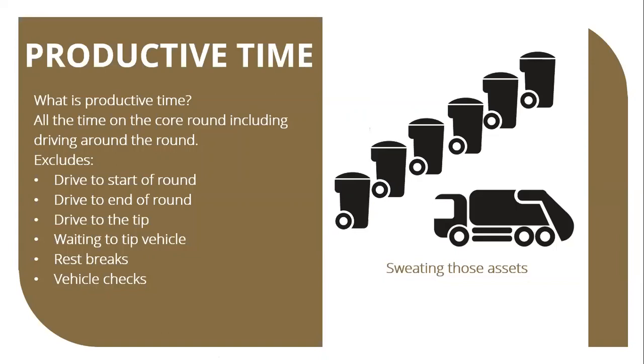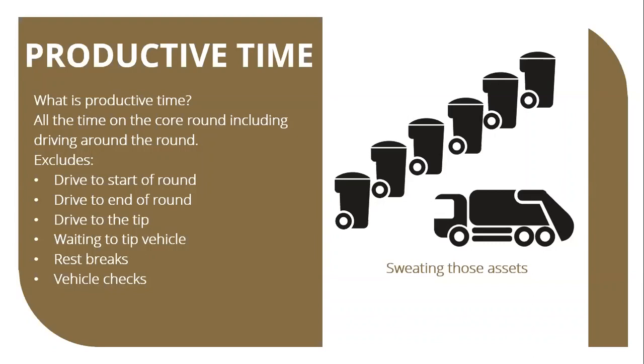What do we mean when we're talking about productive time? It's all the time on the core round, including driving around the round, but it doesn't include the drive to the start of the round, the drive to the end of the round, the drive to the tip, the waiting to tip the vehicle, rest breaks, and any vehicle checks.